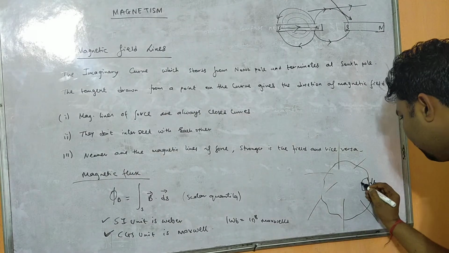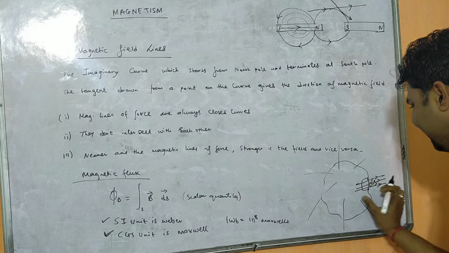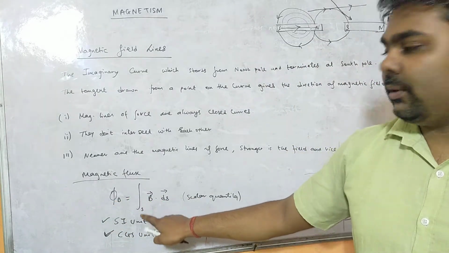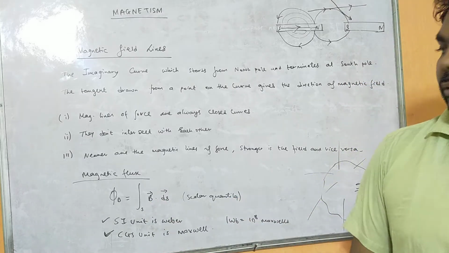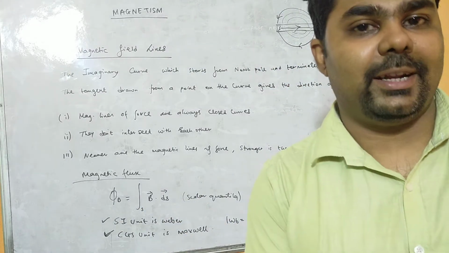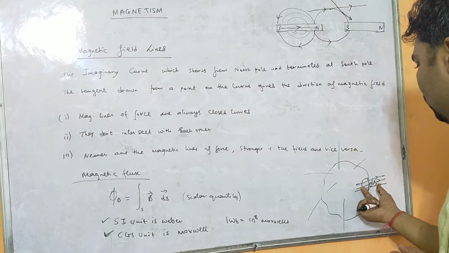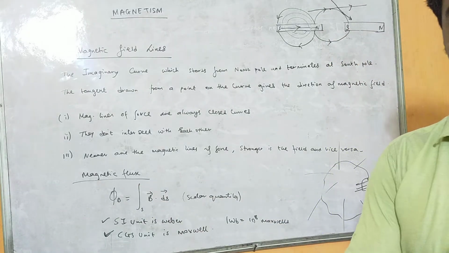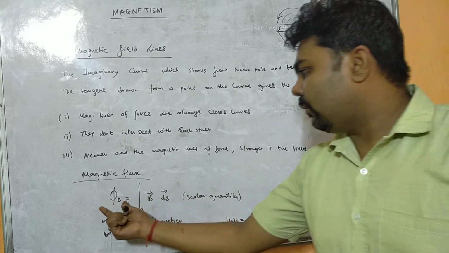If I need to calculate how much flux is coming out normally through that small surface ds, we calculate that the total magnetic flux is the integral over a closed surface of B dot ds. So this is the magnetic flux. That means the number of magnetic lines of force coming through a small surface normally is said to be magnetic flux.